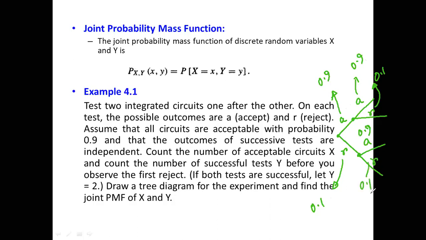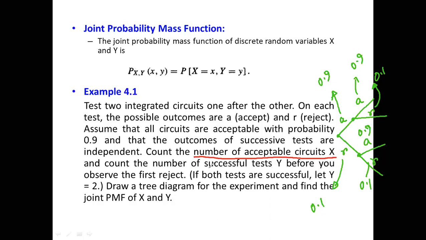Okay, let's see now. Count the number of acceptable circuits X. So X is what? X is the number of acceptable circuits. And count the number of successful tests Y before you observe the first reject.